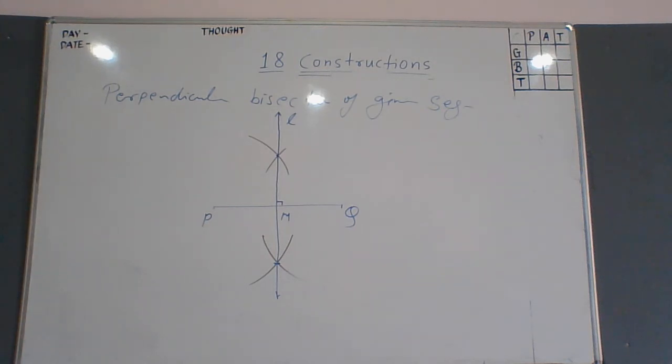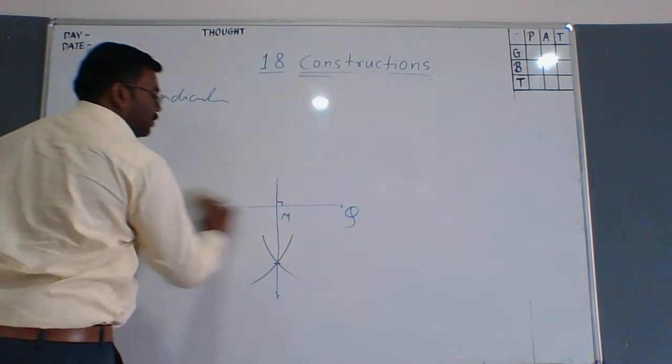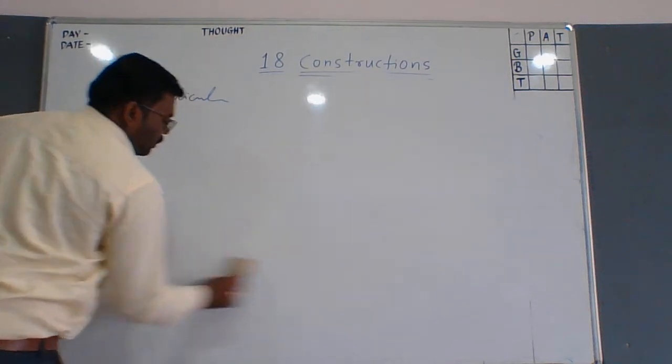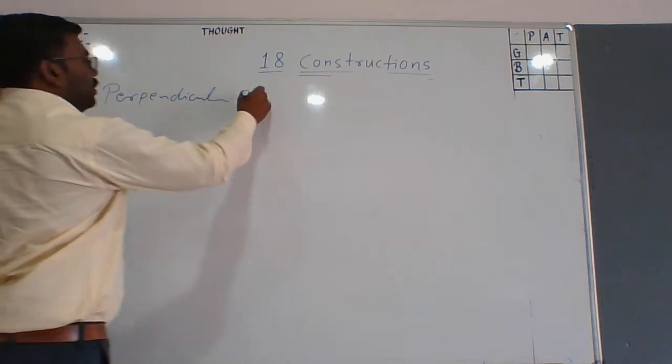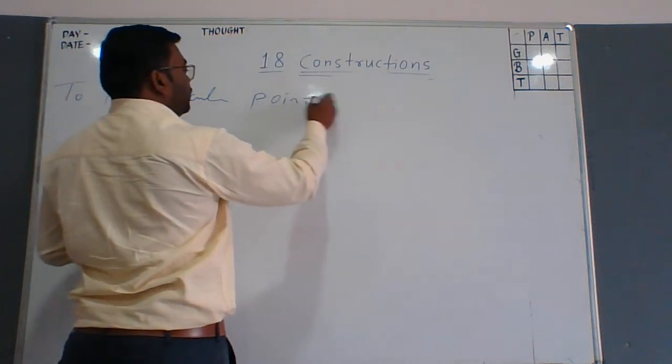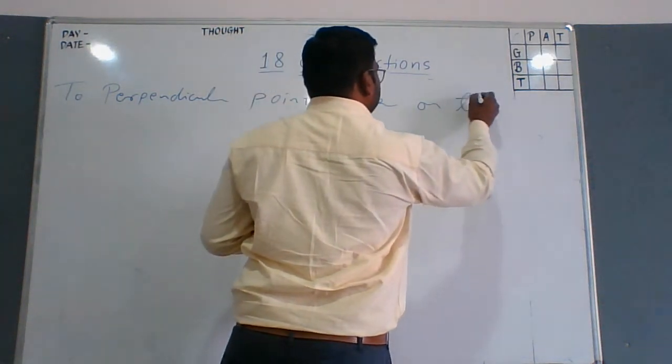Next, to construct a perpendicular if the point is given on the line. To construct a perpendicular, the point is given on the line.